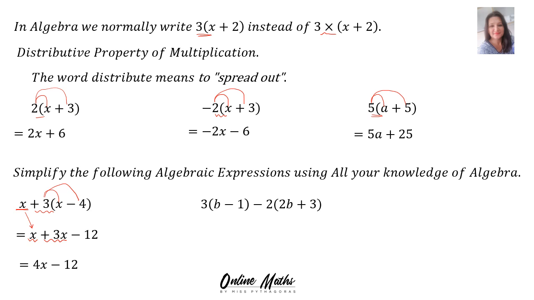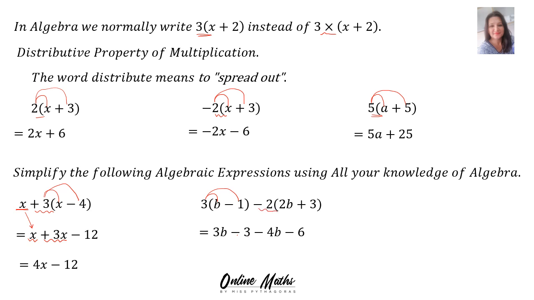On this one, we will first use our knowledge of algebra, where we will multiply in the 3 there, and we end with 3b, and 3 times negative 1 is negative 3. And then here, the minus 2, we will multiply it in.